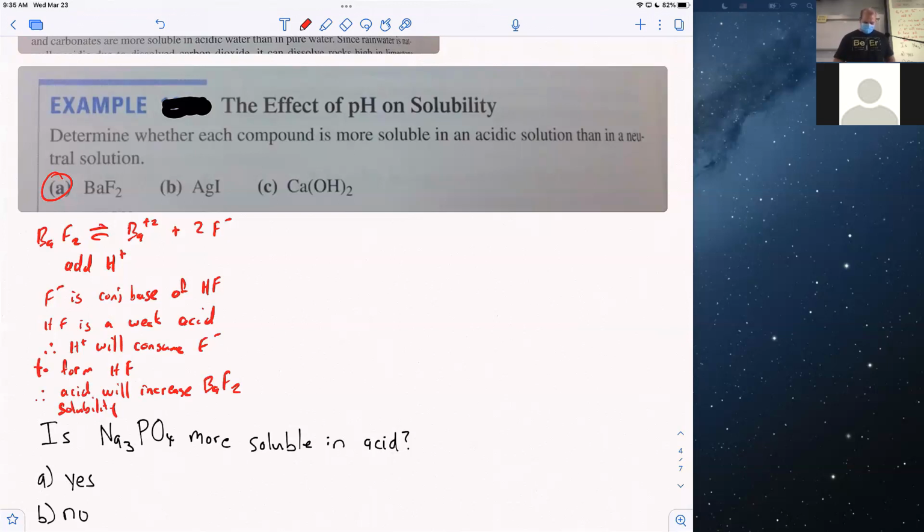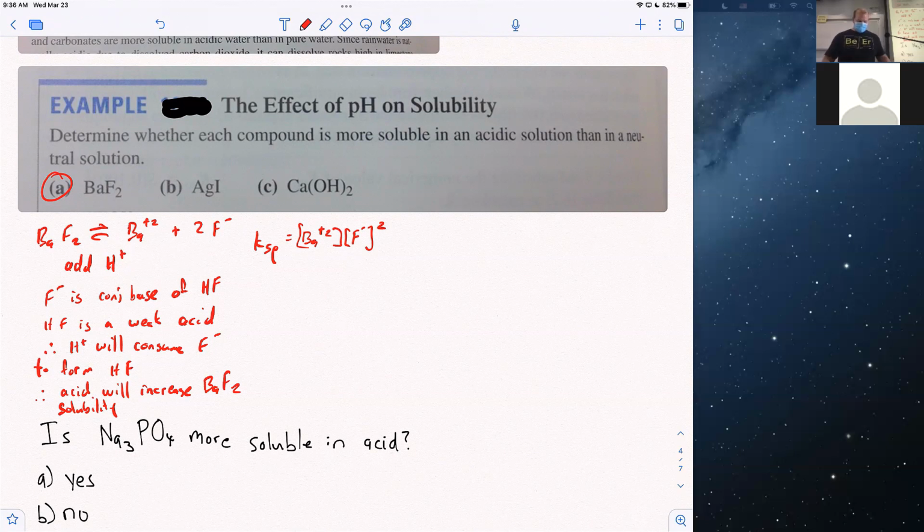Barium fluoride, as it's reacting, it's going to react until it gets to the Ksp, which is barium plus 2 times F minus squared. Barium fluoride will continue to dissociate until the barium plus 2 ion times the fluoride anion squared reaches the solubility product constant Ksp. So it's going to shift right to go that way.